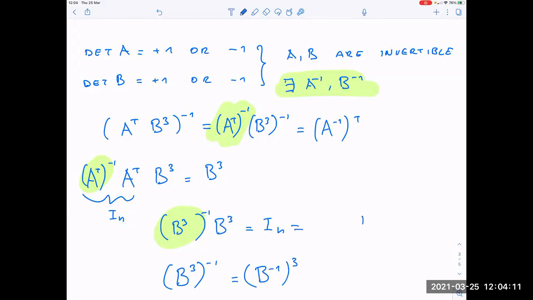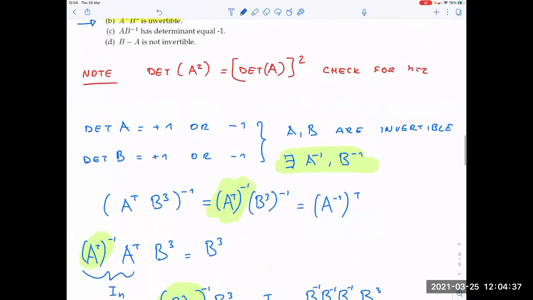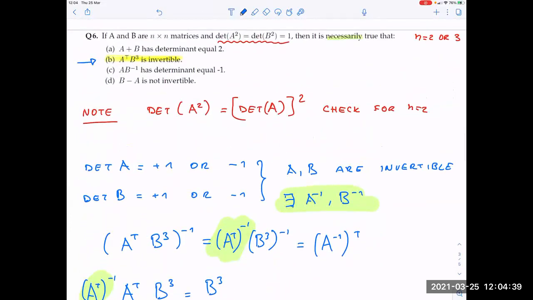So if I multiply B cubed by B-1, B-1, B-1, I will get exactly what I want, because this is going to be B squared, this is going to be B, and finally you get the answer. Okay, so this is why, if we go back a second, A transpose B cubed invertible is the right option, okay?